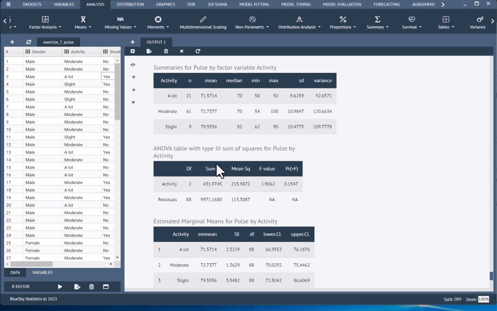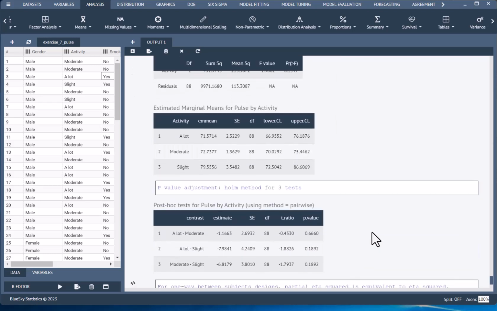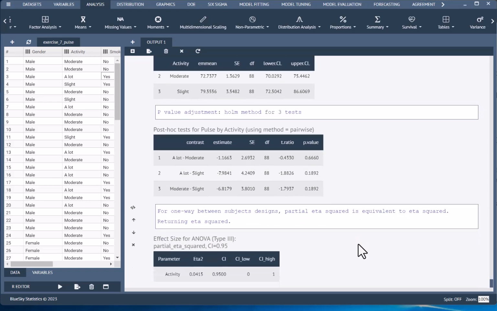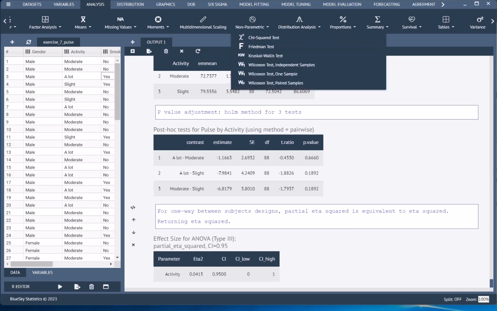It gives us summary statistics in an ANOVA table, and the p-value is greater than 0.05, indicating that altogether there is no significant difference between the activity levels and the pulse rates. And we get additional analysis. So we can conclude that there is no significant difference between activity levels and pulse rates.